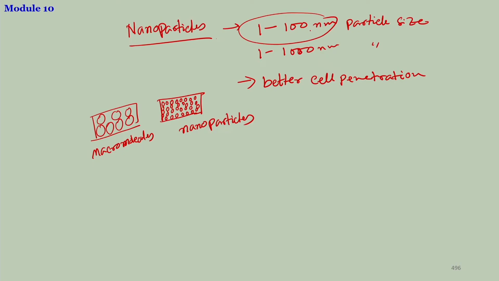So, now if you reduce the size of the material, the same materials, into very small particles, then what happens? Our cell walls or cell walls of other organisms also, obviously we have pretty good cell walls, that is why they reject most of the molecules. Now, they have little pores also.